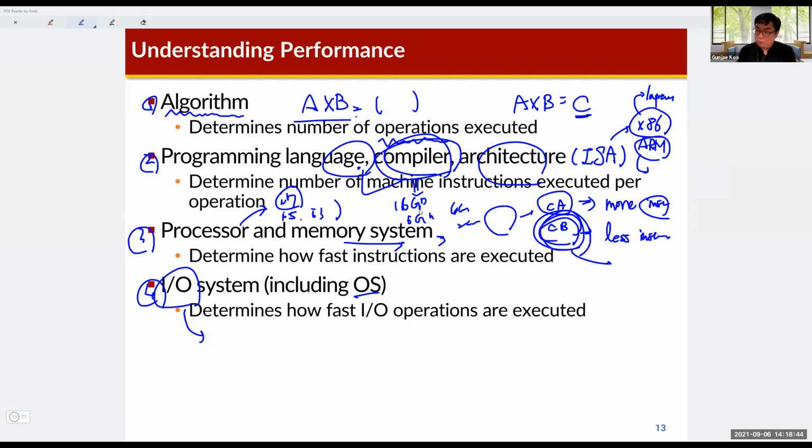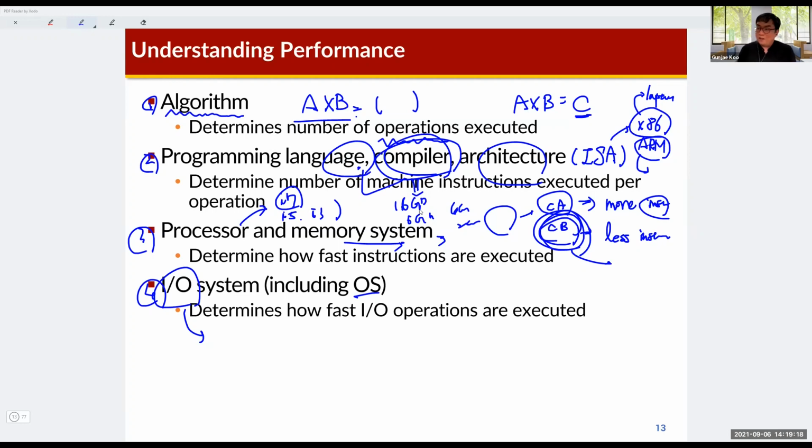And then networks like Wi-Fi or 5G and LTE, 4G. These are also I/O devices. So input and output. And these I/O devices are also managed by operating systems. So the I/O systems also decide the performance of a computer system.